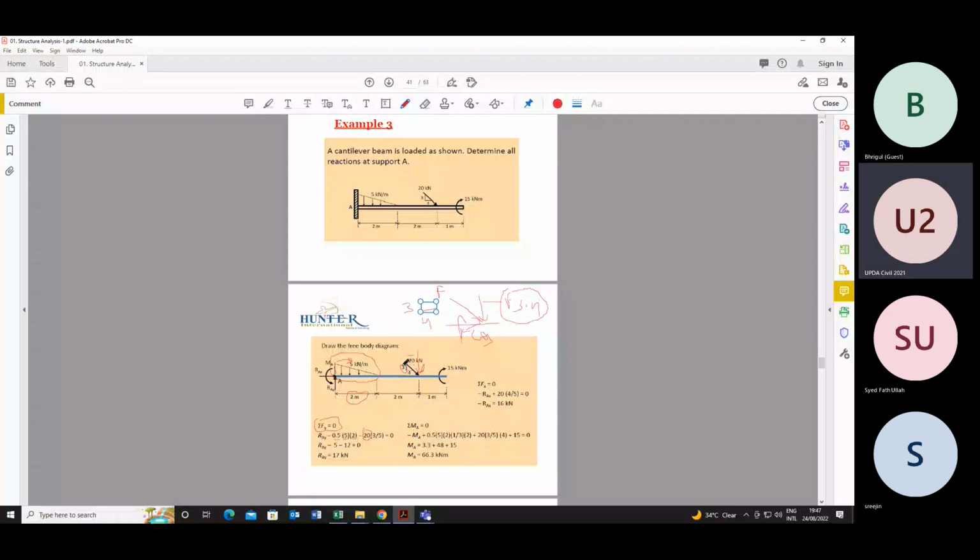Hypotenuse is equal to under root of 3 square plus 4 square, so it will come 5. Clear? If we resolve this equation, we will get RAy minus 5 minus 12 is equal to 0. Value of RAy will be equal to 17 kilonewton.